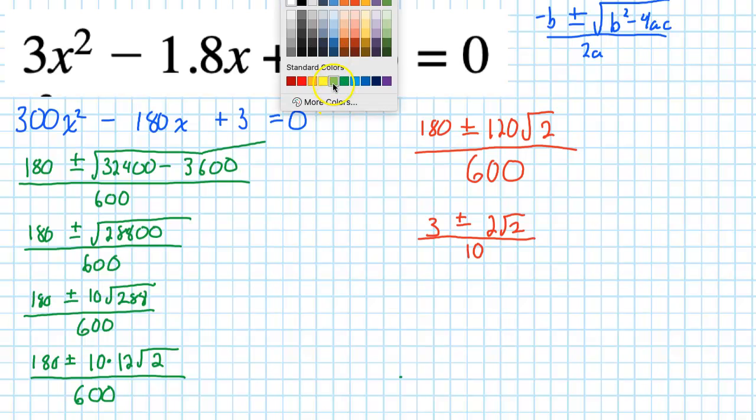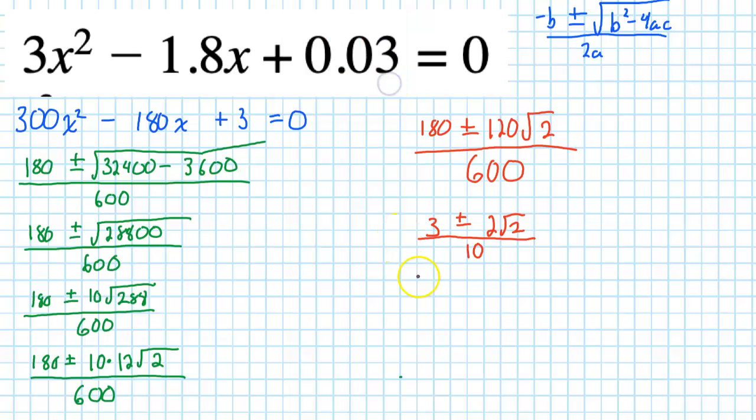Let's see if we can estimate what that would be. So we've got 3 plus 2 root 2 over 10. And when I get that on my calculator here, that's approximately 0.582.